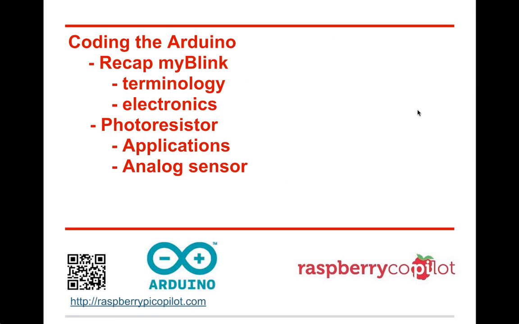Today, before we do that, we're going to talk about the agenda. We're going to go through more coding with the Arduino. We're going to recap on some Blink codes and functions that we went over last time. Some more terminology, some electronics, things about photoresistors. We're going to talk about applications.